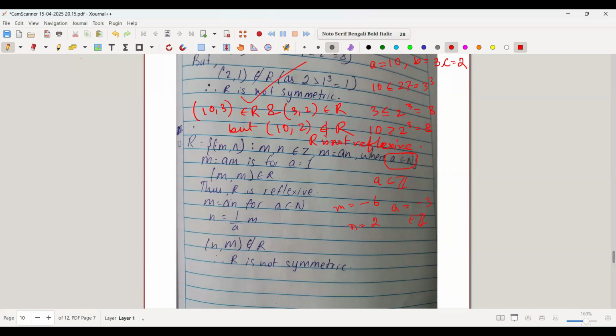M equal to a into n for a equal to 1 implies (m, m) belongs to R, and thus R is reflexive. For any n, or for all n, you have to write this.